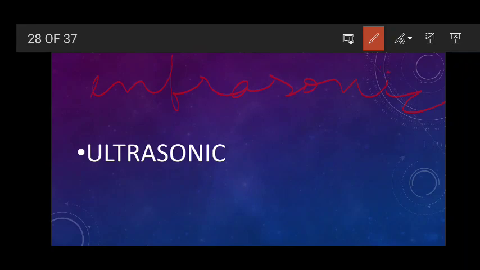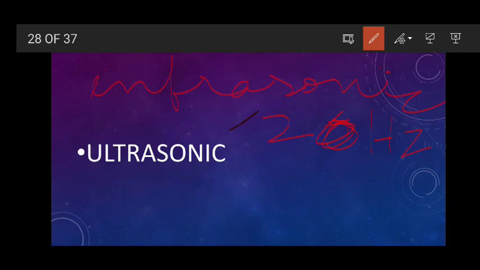Okay. And what is the range? Like in ultrasonic it is more than 20,000 hertz, then in infrasonic it is less than 20 hertz. We write like this, 20 Hz. This is the unit, 20 hertz.